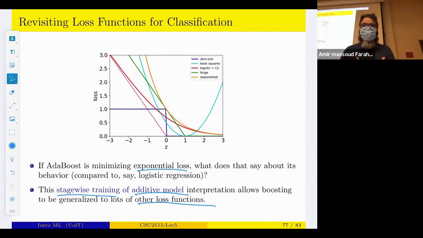If we use other loss functions, it may not have the same property anymore, so it may make the optimization not as nice. But there has been a lot of work on trying other loss functions with this stagewise training of additive models.